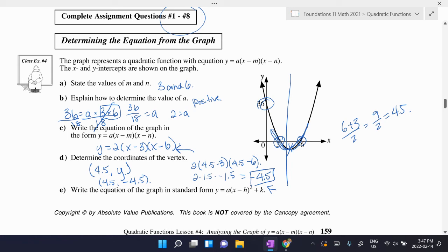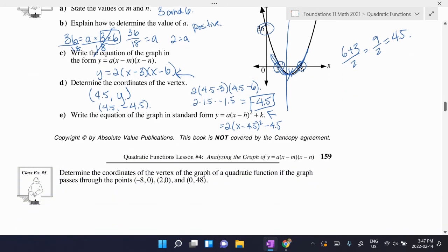So we know what that form is. It's our vertex. A is the same. You'll notice we use the same letter because it is the same. So y is equal to 2 times x minus 4.5 squared minus 4.5. Done and done.